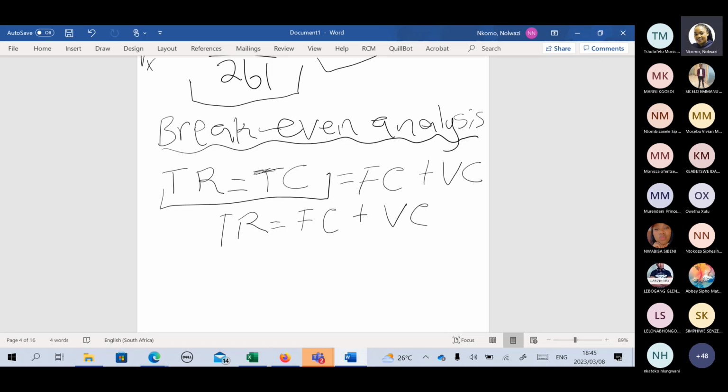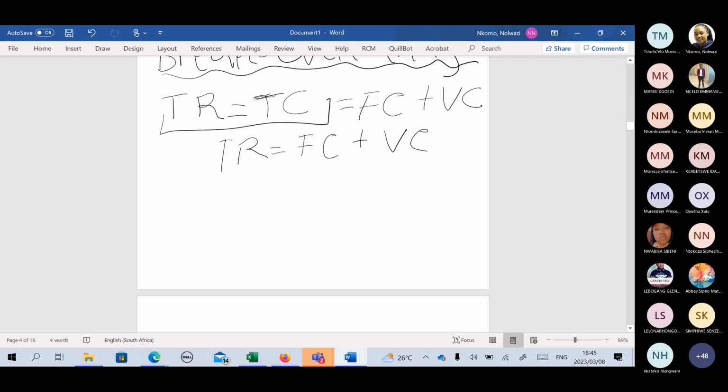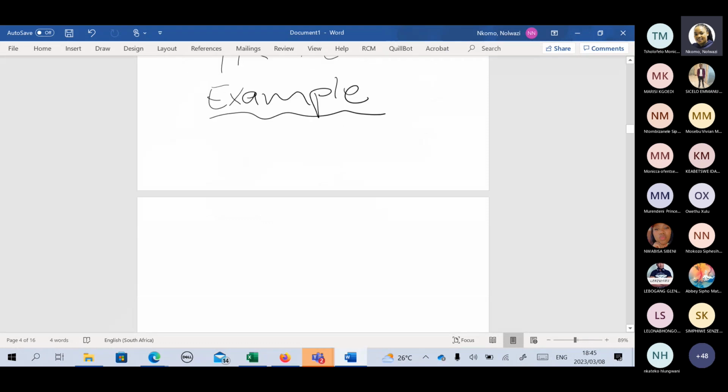Okay, let me do one example here again. Open the book. Okay, here is our example. They said, how many units should the firm produce and sell to break even, given that their product sells for 60 rand?